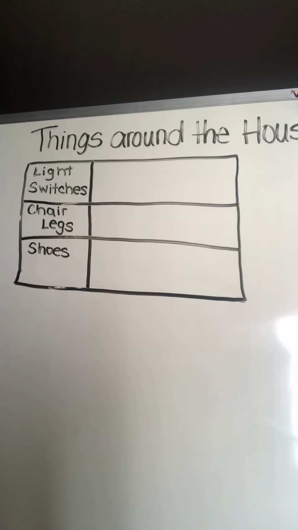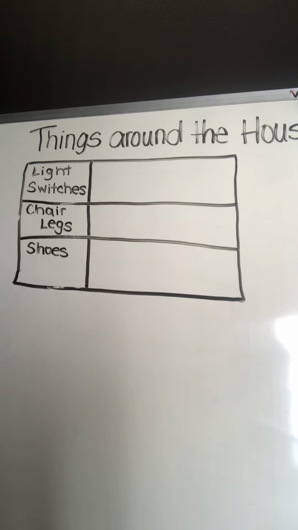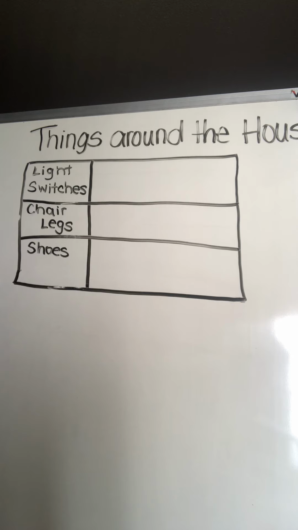All right, so now I'm gonna get you to pause the video, and it's now time for you to go ahead and search for the things around your house. So before I started this video, I went ahead and I tallied how many of these things I had in my house. So in total, I found out that I have 8 light switches in my house.